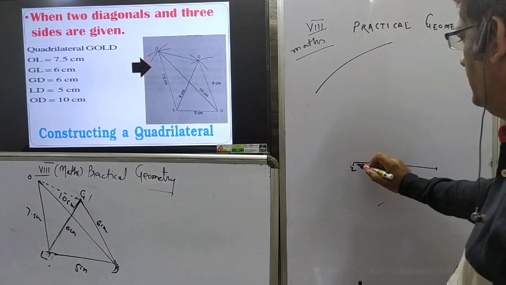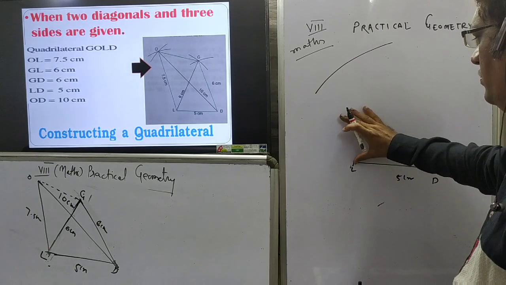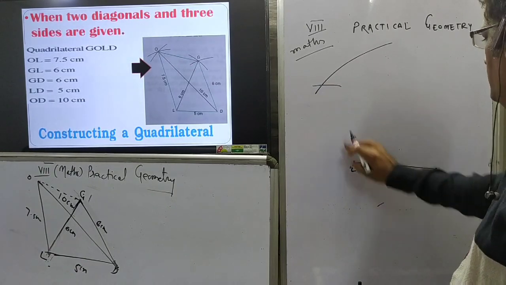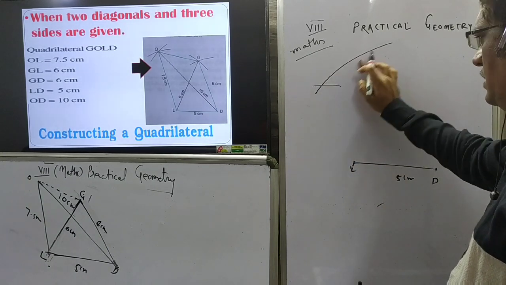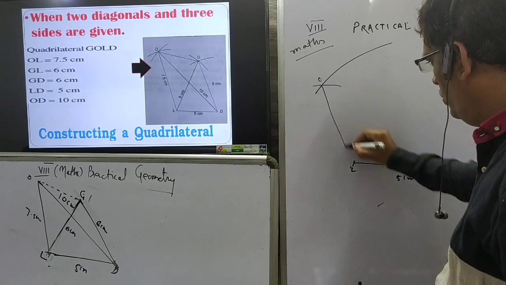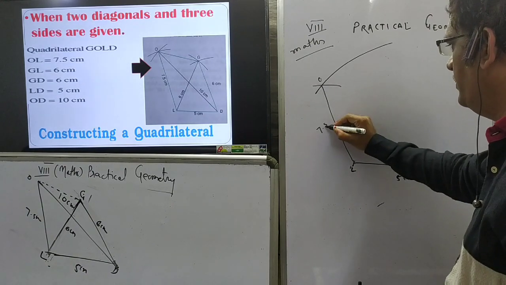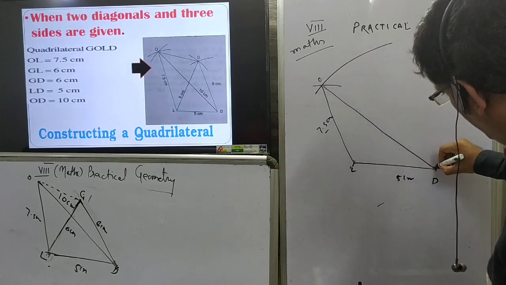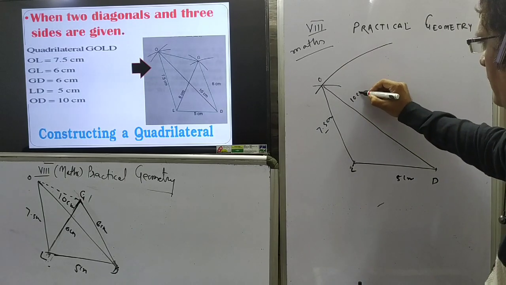Take 7.5 centimeter in the rounder, put the metallic end of the rounder at L and draw another arc intersecting the first arc at this point O. This point O is 7.5 centimeter away from L, and 10 centimeter away from D.